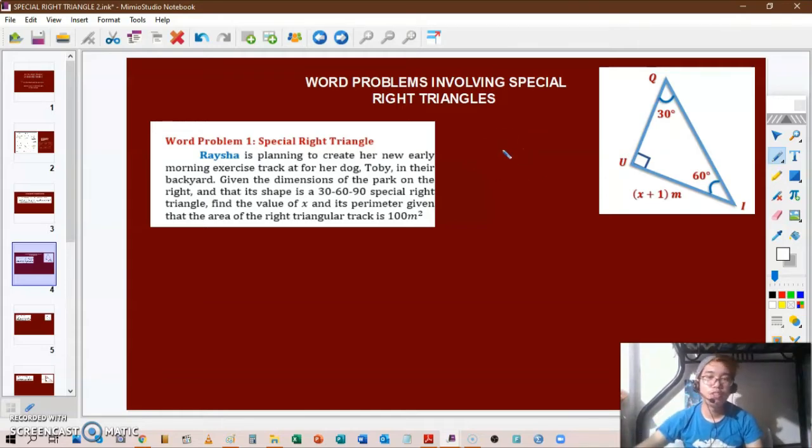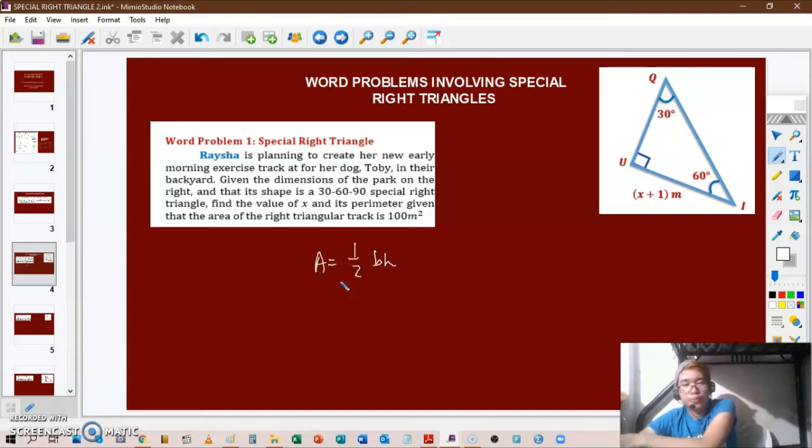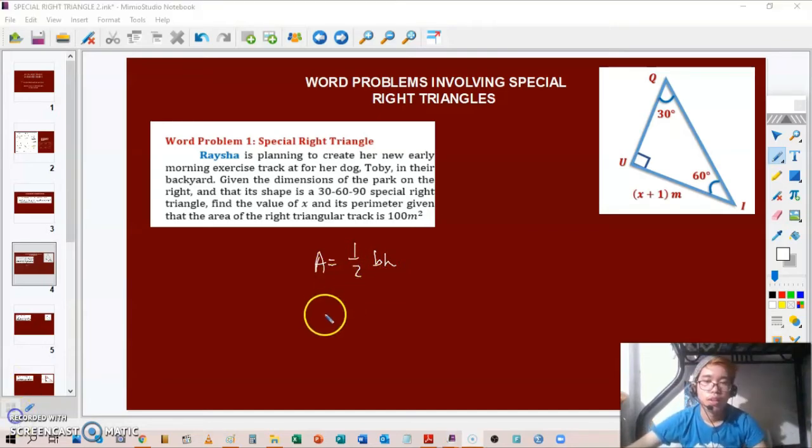Find the value of x if the area of the right triangular track is equal to 100 square meters. Okay, so we know that the area of the right triangular track is equal to 100 square meters, so that's going to give us 100.